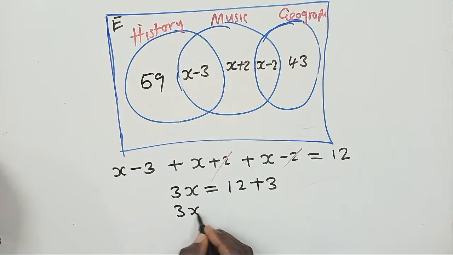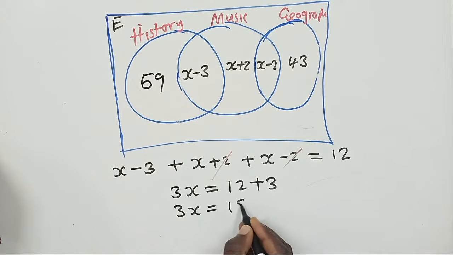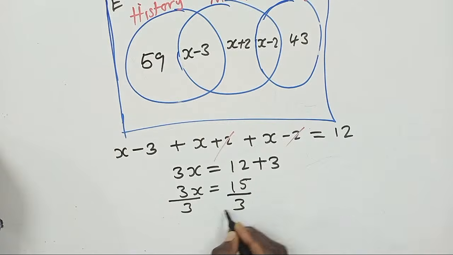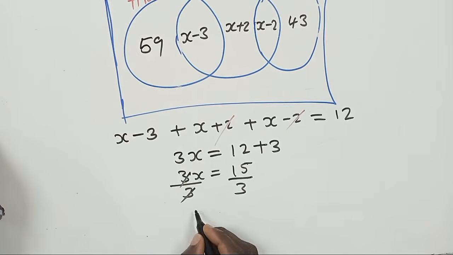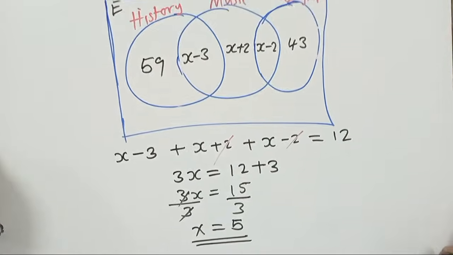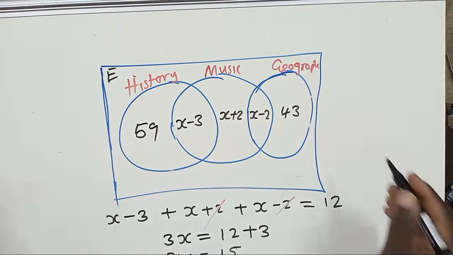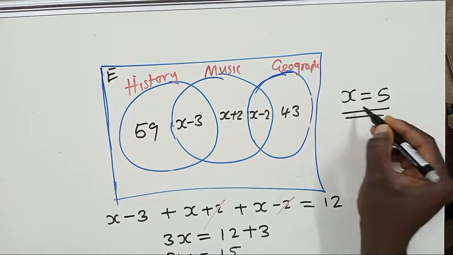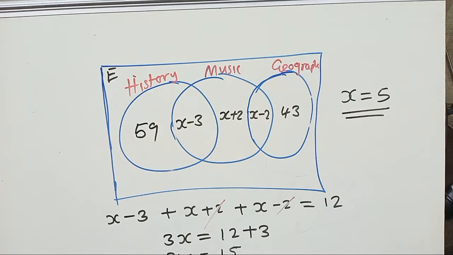And when we work it out, we get 15 right here. Here 3, here 3. When we divide by 3, we are solving for x. x will be equal to 5. So the value of x is equal to what? To 5. Is it clear? x is equal to 5. This is our answer, the value of x.